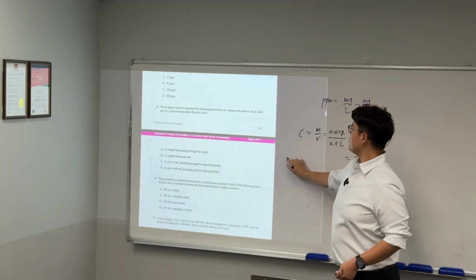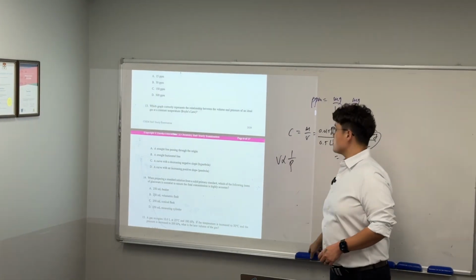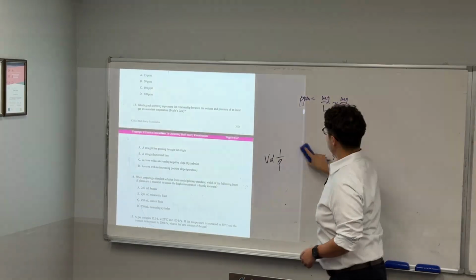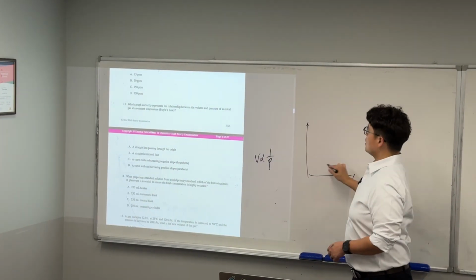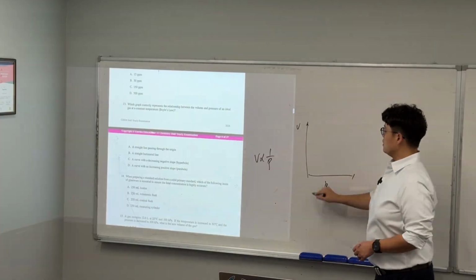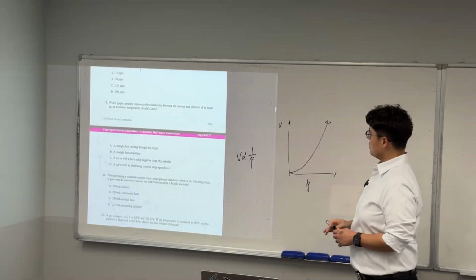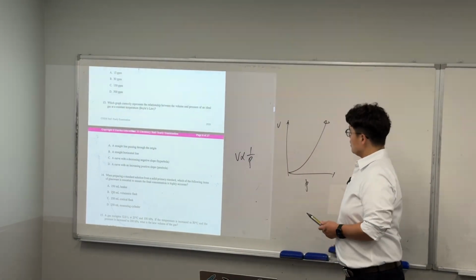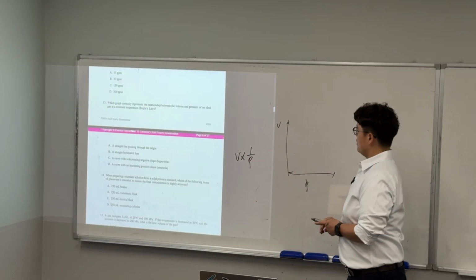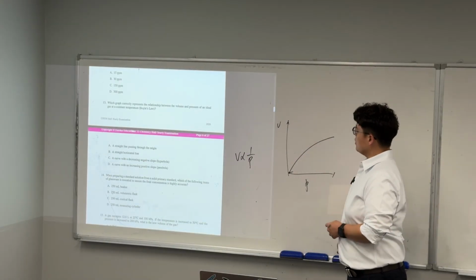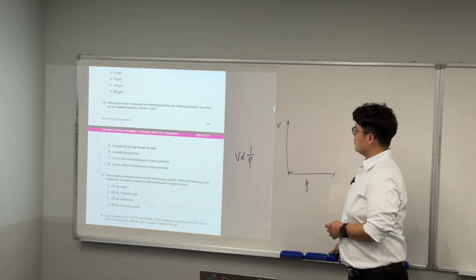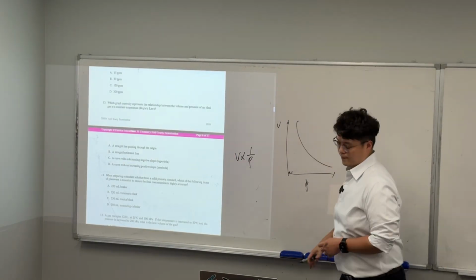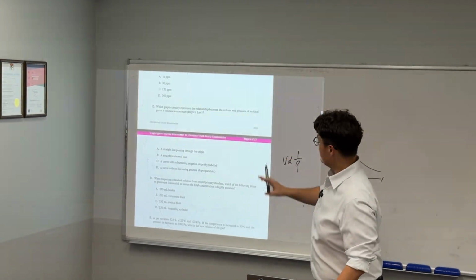So volume and pressure are inversely proportional like this, which means during the volume and the P, it goes like this. Hyperbola. No, I'm getting confused. No, this. Yeah, C, 13.